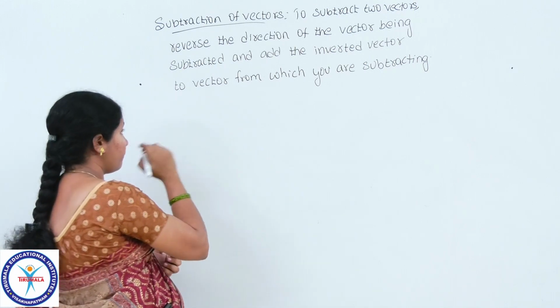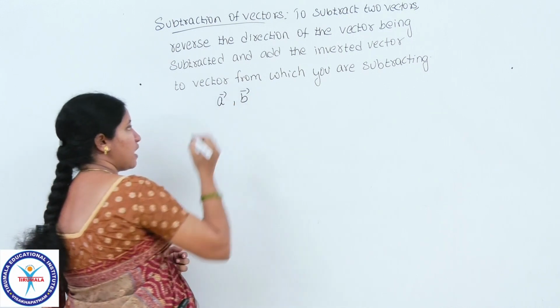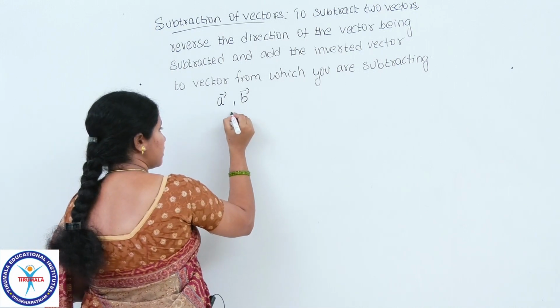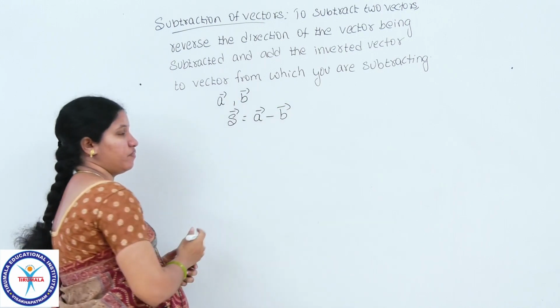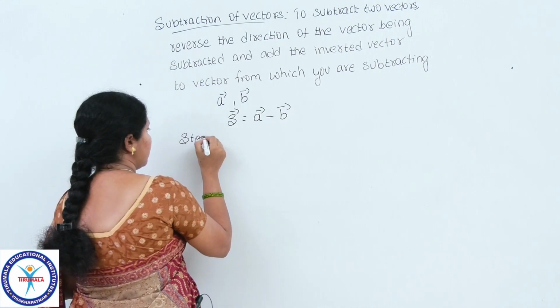So let us see, if you consider a bar and b bar are two vectors, we get the subtraction of vectors s bar equal to a bar minus b bar. So let us see the steps how to draw it graphically.